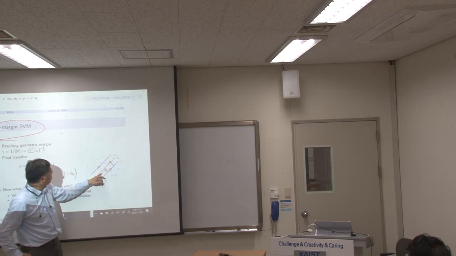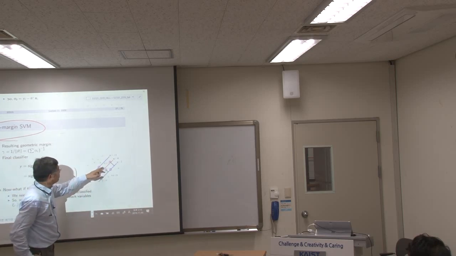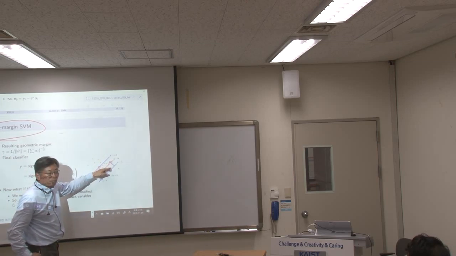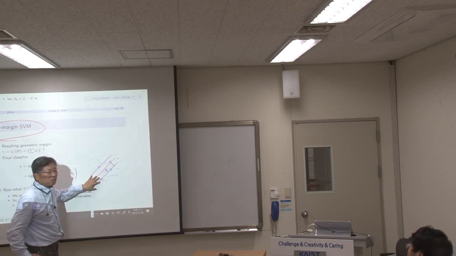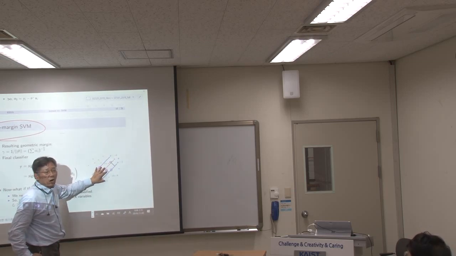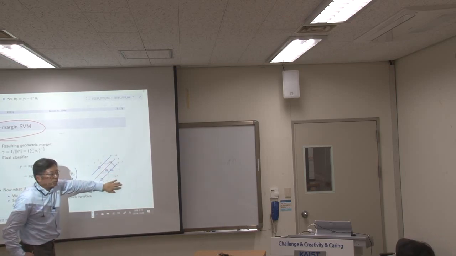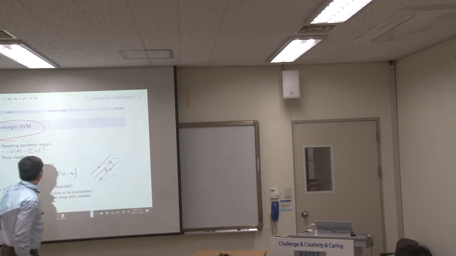This one is epsilon 1 away. This one is epsilon 2 away from where it should be. But I'm going to allow that, and I'm going to try to make the road wider. Anything that's obeying, the epsilons are all zero, correct.